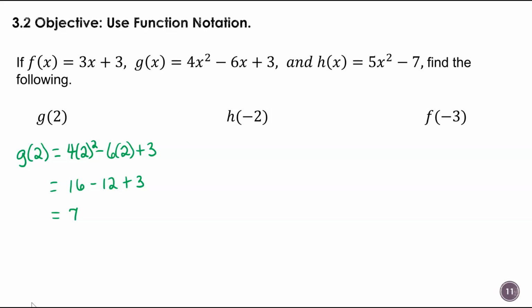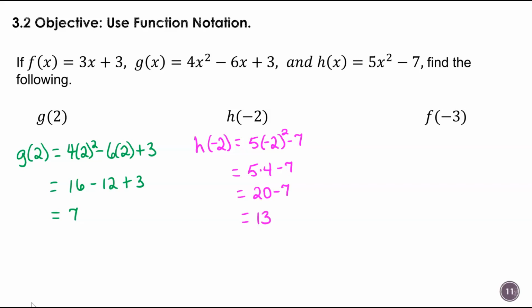Let's evaluate the h function. So h of negative 2 is 5 times negative 2 squared minus 7, right? So 5 times 4 minus 7 is going to be 13.